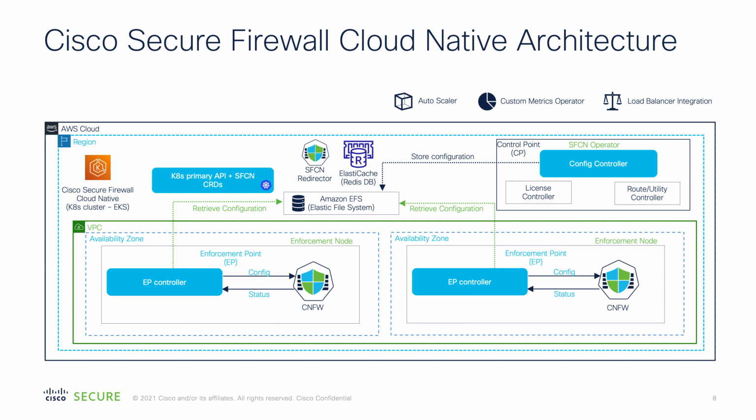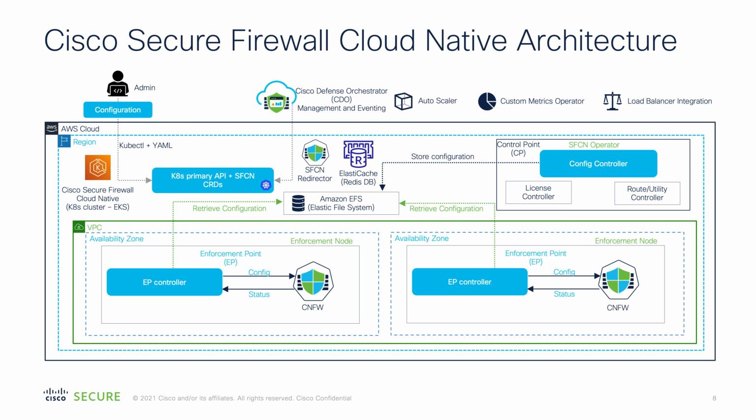Now, the SFCN redirector is for smart load balancing, and we couple it with Elastic Cache, where we externalize our VPN session information. For configuration, admins can configure it using kubectl and YAML. They can directly interact with native Kubernetes APIs and SFCN CRDs to configure this environment.